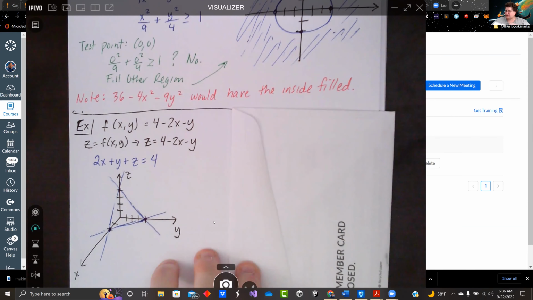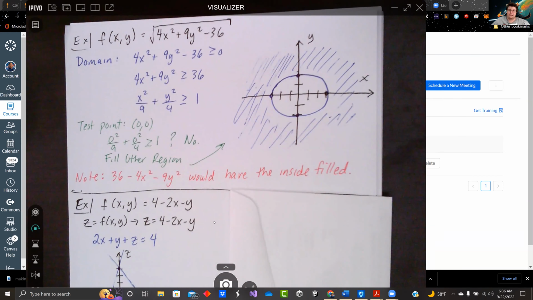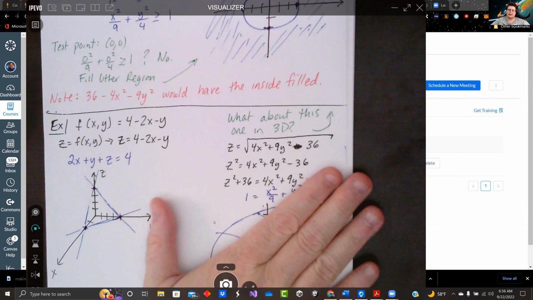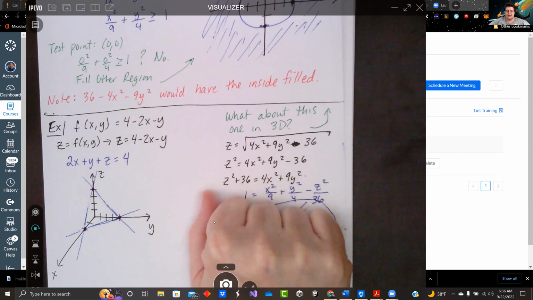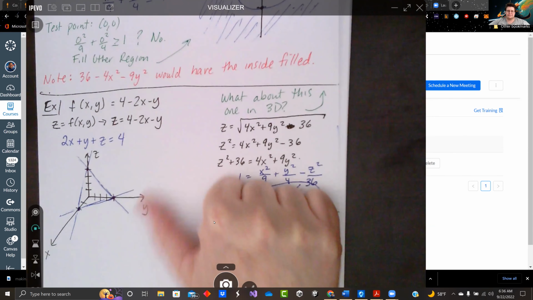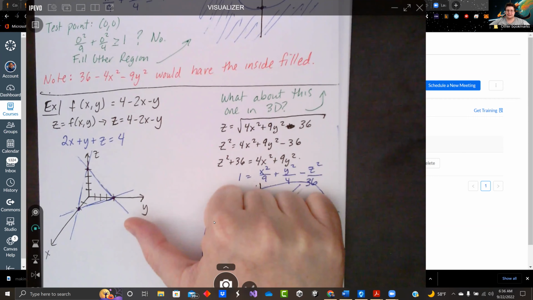Well, what happens if I do that up here? Let's try to do this one in 3D. So I set z equal to it, and so I can square it. z squared equals that. I get everything on the same side, and I got x squared over 9 plus y squared over 4 minus z squared over 36 equals 1.